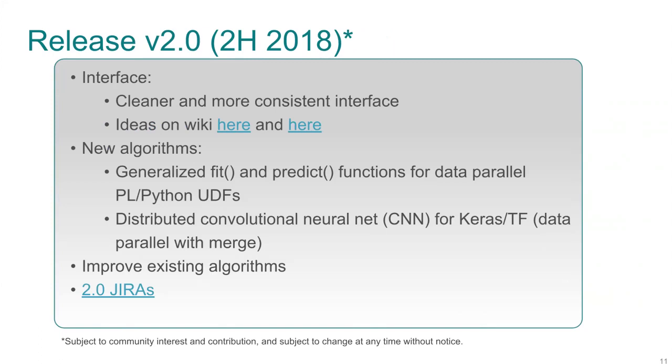So we're looking at cleaning up the interface to make it more consistent. There are a couple of pages on the wiki, and the links will be in this deck when Bob distributes it. You can see the ideas behind the proposed interface improvements. There are 2 wiki pages that go into some detail around that.